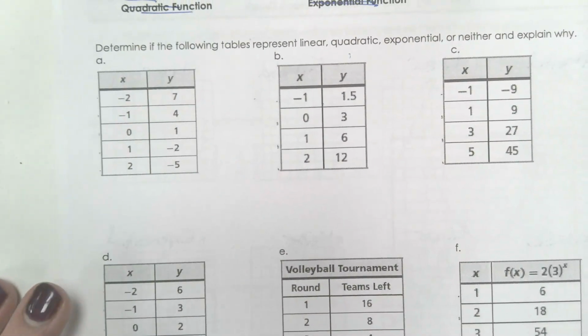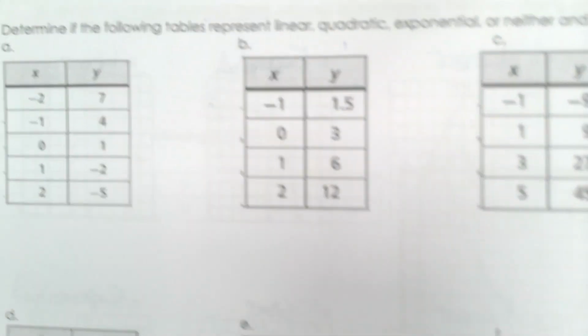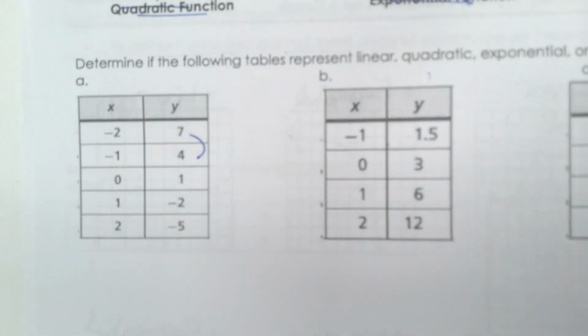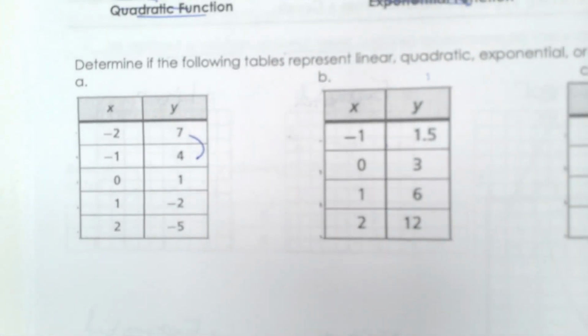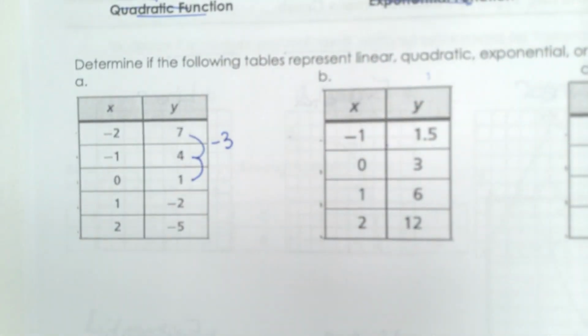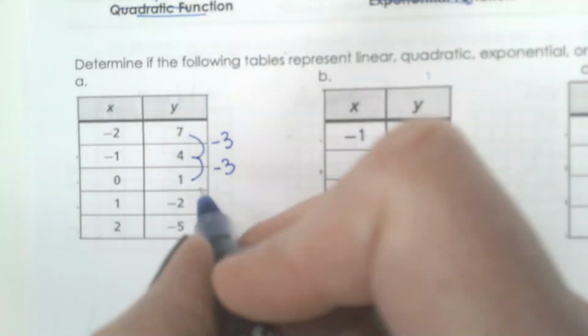All right, let's go down here and look at A. So I'm going from 7 to 4. How can I get from 7 to 4? You could subtract 3. Good. When I go from 4 to 1, I also subtract 3 to get there.